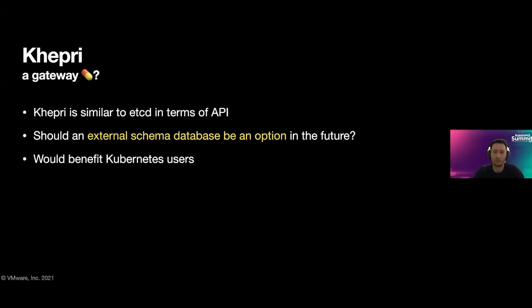So once Khepri is integrated fully, which I don't know when that's going to happen, it would make it possible to potentially abstract Khepri entirely and use an external schema data store that looks similar to etcd for storage.